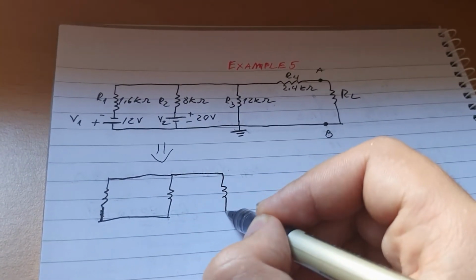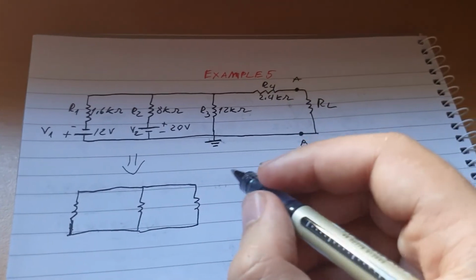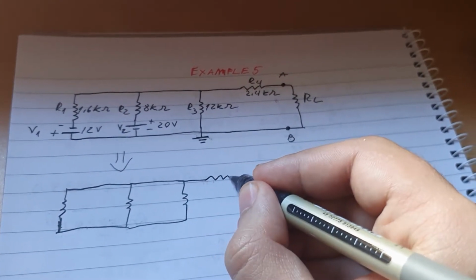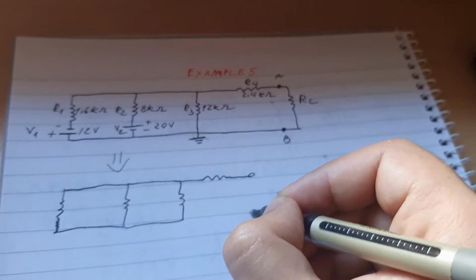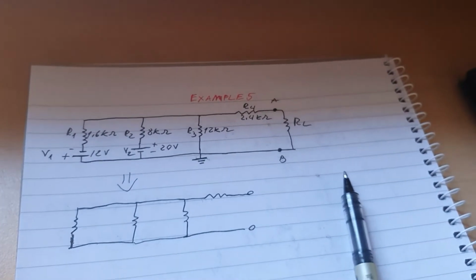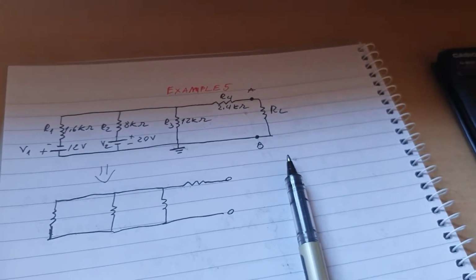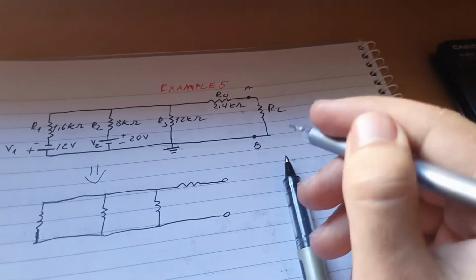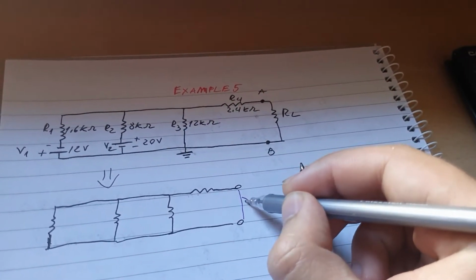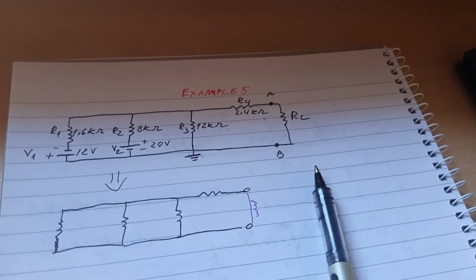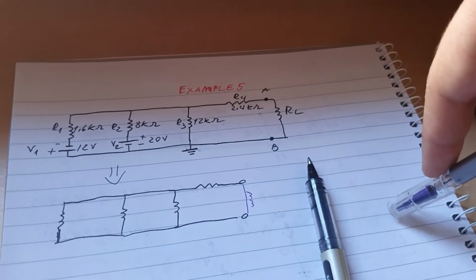Okay, another one in parallel in here for R3, then R4 in here, then also the, let's say, invisible short, open, whatever you want to call it here. Okay, so that'll make it a bit clearer for you.